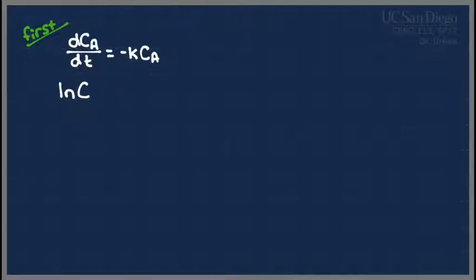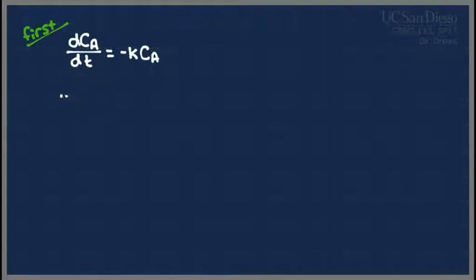The first order one, we have to solve the same material balance, dCA/dt, except now it'll be equal to minus kCa. And we actually already solved this one. If you look up in your notes, we had already solved this one.